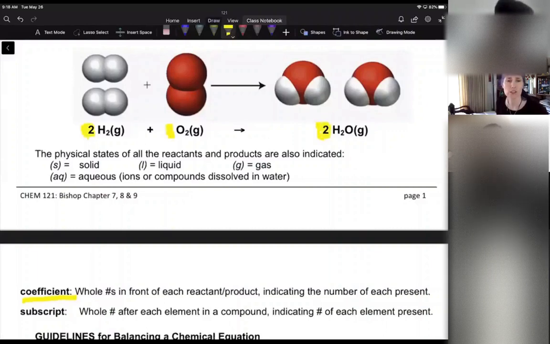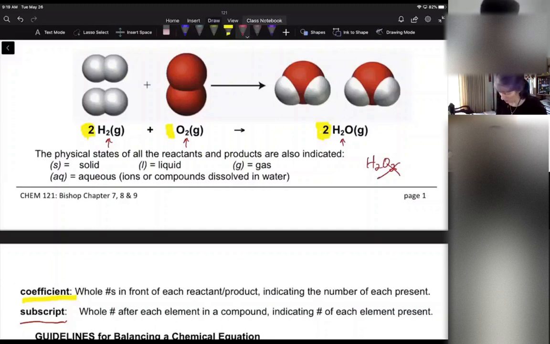So the coefficients are the things that we change while we're balancing. The subscript tells us what the chemical formula of the products is. So water is H2O. We can't go H2O2 and say it's the same thing. We can't just change that subscript. It's a different compound.